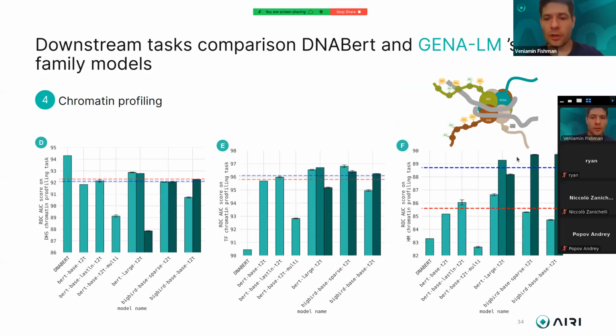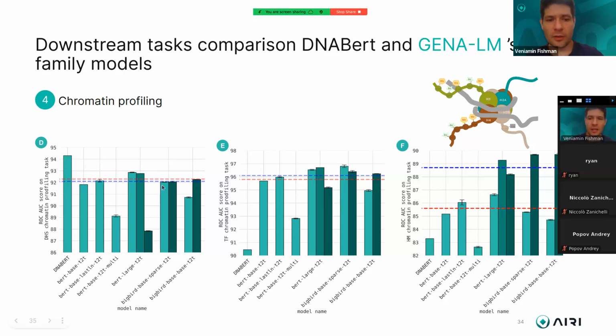Okay, so now I will briefly show several more tasks that we can solve with GENA. For example, this is a very well-known task in chromatin biology. It's a prediction of chromatin binding sites by different proteins, occurrence of different histone marks in various sites of the genome, or DNA accessibility, which means how accessible the DNA is for proteins to bind it, to read it, and to somehow manipulate it.